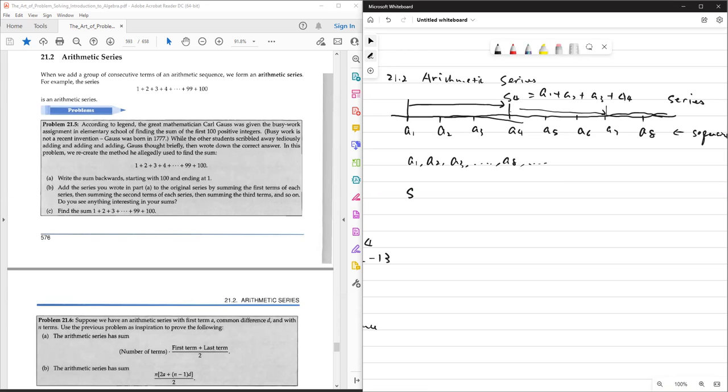So now I have a new way of thinking about this: Sn equals the summation of i equals 1 to n of Ai. That means the sum of the first n terms. Okay, so that is our definition of the series.